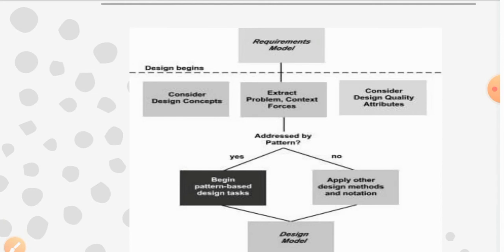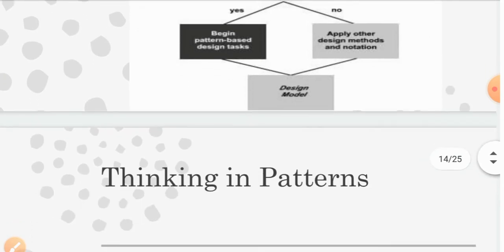That is, you need to focus on your design concept, on how your system will be user friendly for your customers. Extract problem context forces and consider design quality attributes such as those addressed by the patterns. If all these things are addressed by your pattern, then you can begin the pattern design task. If no, then apply other methods and notation and design your model.